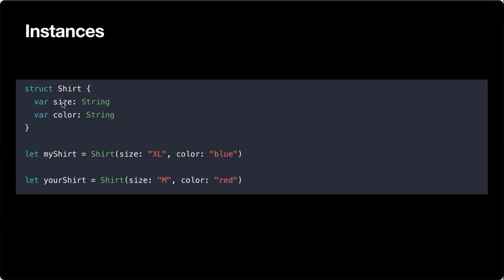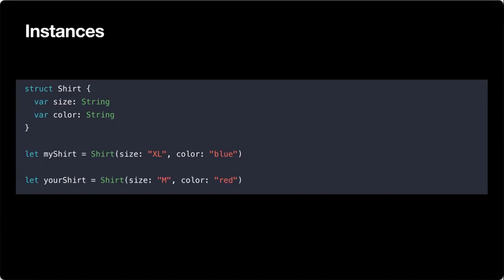Here we have a structure. What is the name of the struct? Shirt. And what are the attributes? Size and the color. What are their types? Strings.